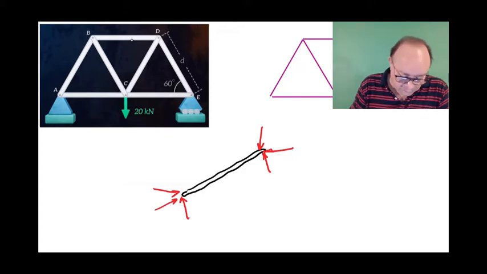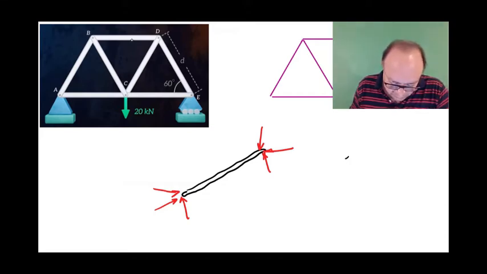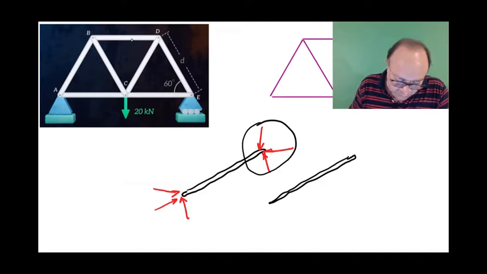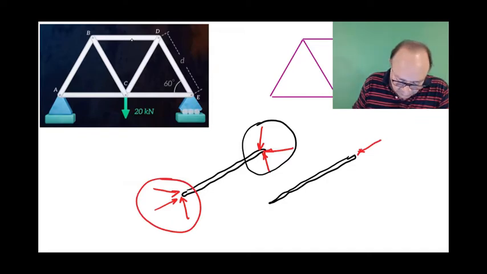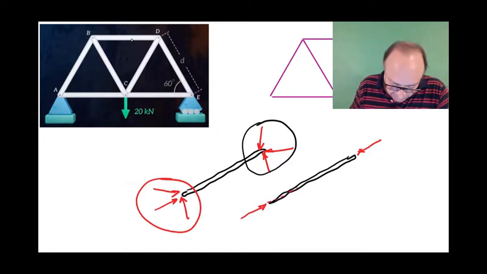So an element like this is subject to just two forces. You can always add all these forces together into one final resultant. And all these forces here will be added together into one resultant right here. So these two forces have to be collinear.